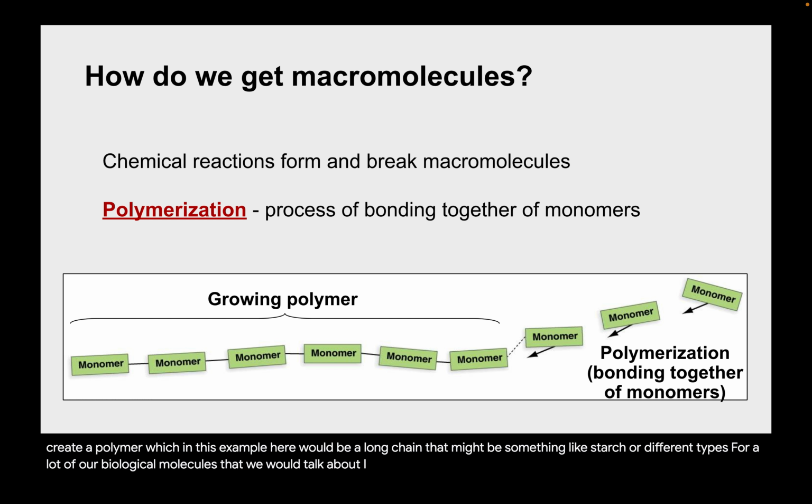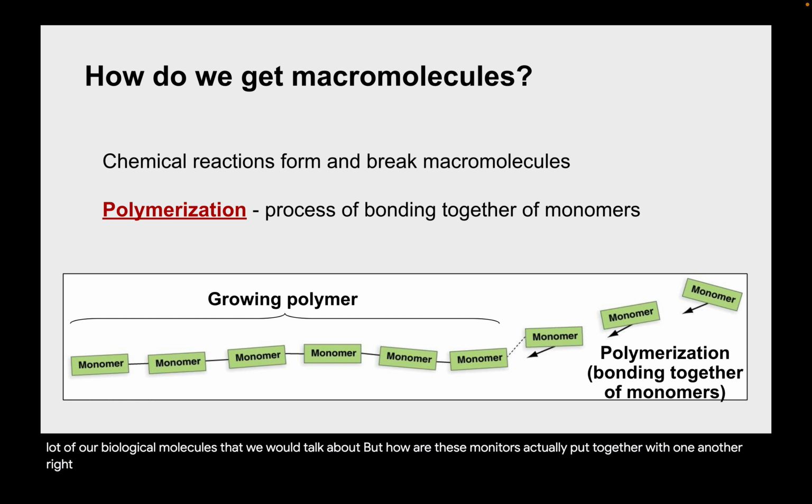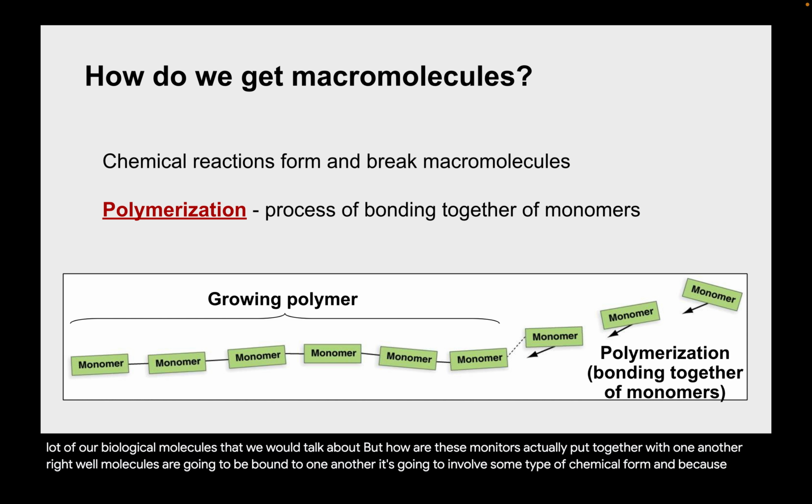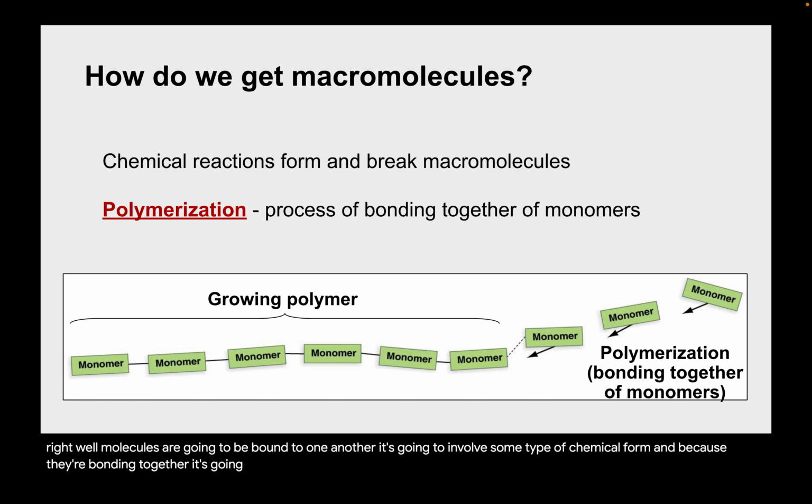But how are these monomers actually working together with one another? Well, molecules are going to be bound to one another. It's going to involve some type of chemical bond, and because they're bonding together, it's going to involve a chemical reaction. Specifically, the chemical process we call polymerization is the process of bonding these monomers together.